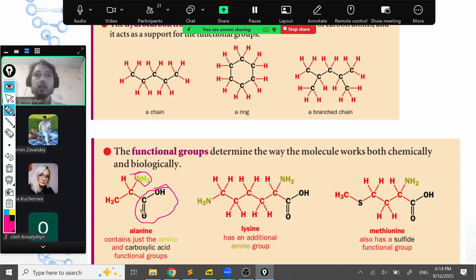This is an amino acid called alanine. Probably we will meet it later when we get more into the biochemical part. Here is lysine. It has an additional amino group, so we see an amino group here and an amino group here. And methionine, one more amino acid that you can find in nature.